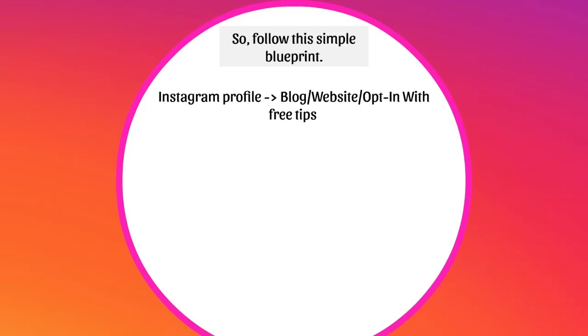You can use an opt-in with free tips or a squeeze page to build your list first, because what I found is that a lot of times it takes 7 to 12 times to actually touch the person, get to know them before they actually buy. What I mean by touch points is emails. So it could be 7 to 12 different emails after they sign up for a freebie.